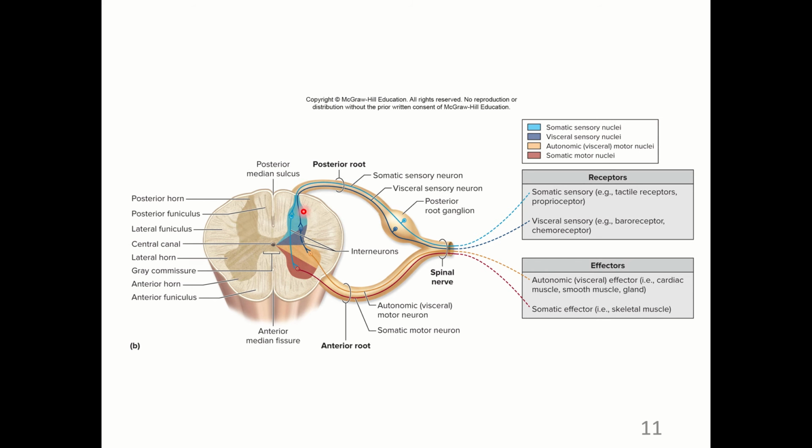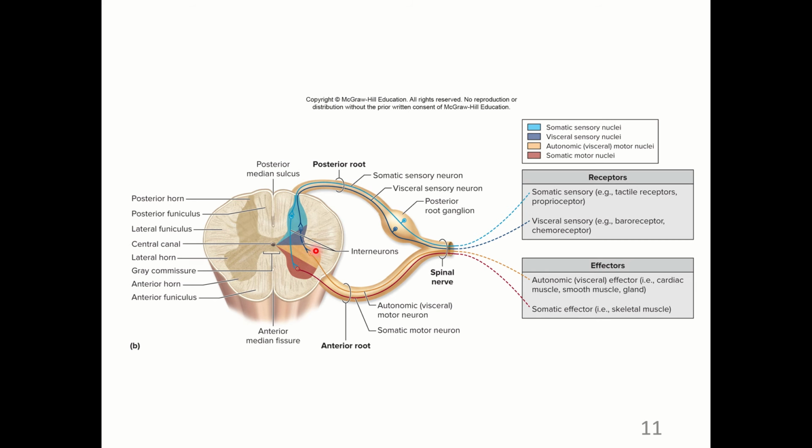The posterior horns or dorsal horns are sensory, and they contain the axon terminals of sensory neurons. Recall that the cell bodies of sensory neurons are located in the posterior or dorsal root ganglion.